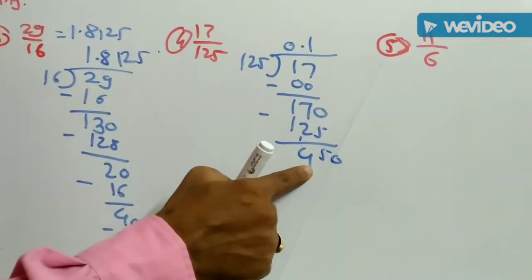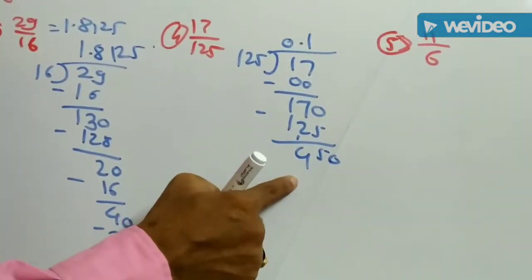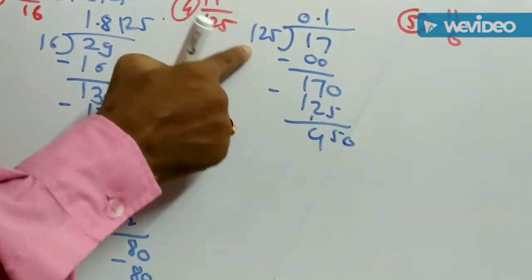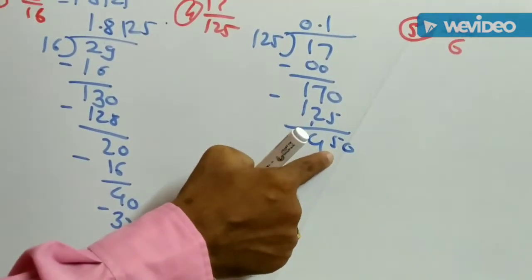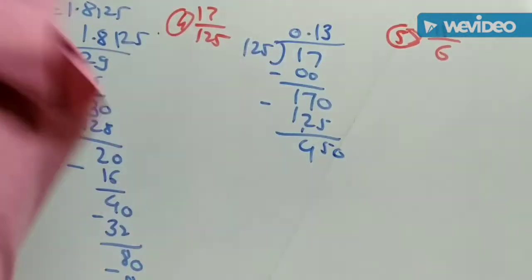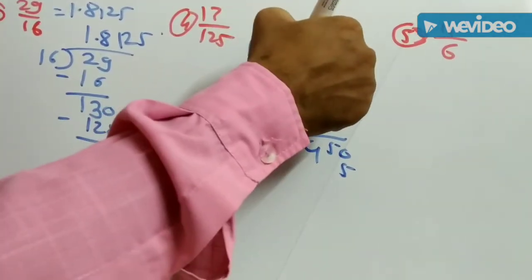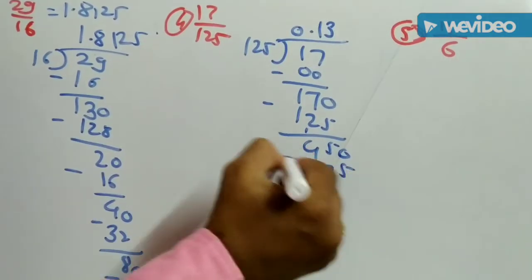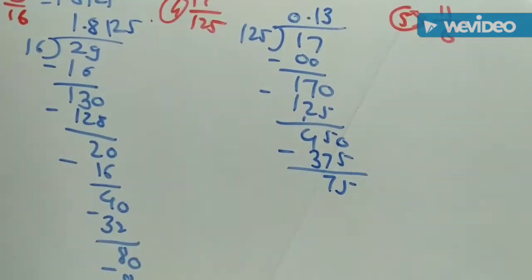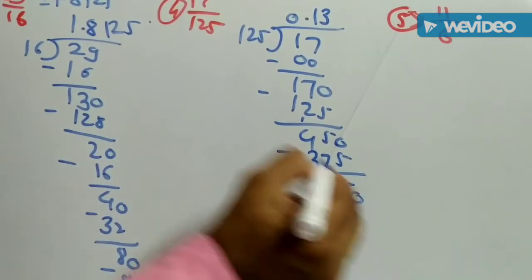Now the table of 12 up to 45, 12 twos are 24, 12 threes are 36, 12 fours are 48, but here 45 is given, therefore we take 3, 5 threes are 15, 12 threes are 36 plus 1 is 37, remainder is 75, taking 0.